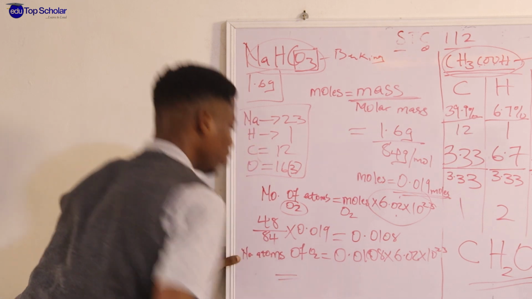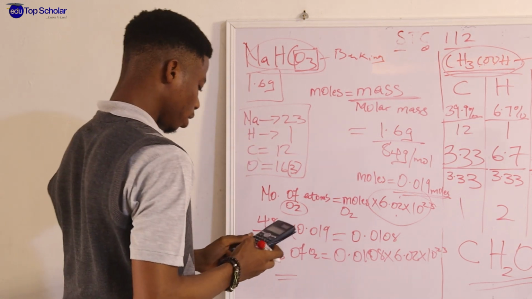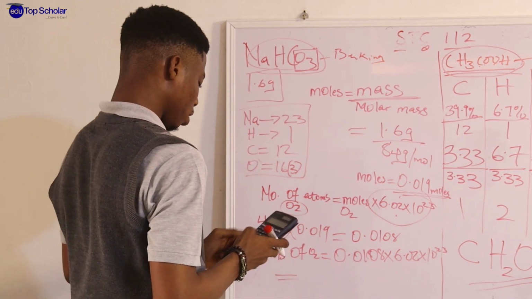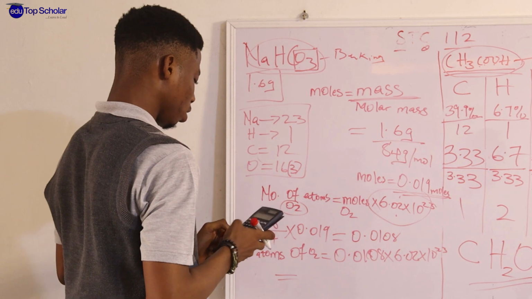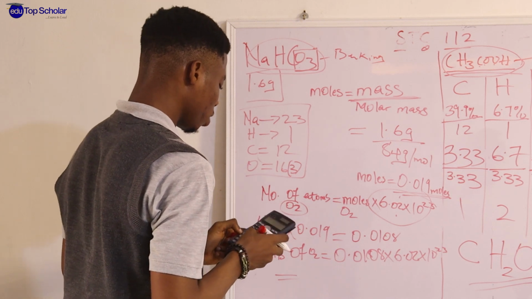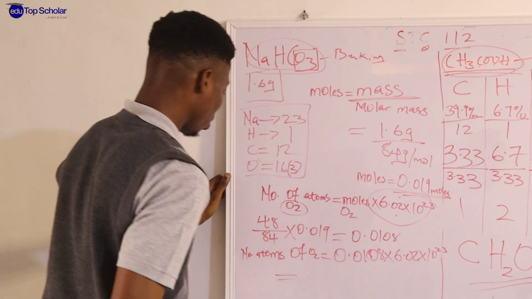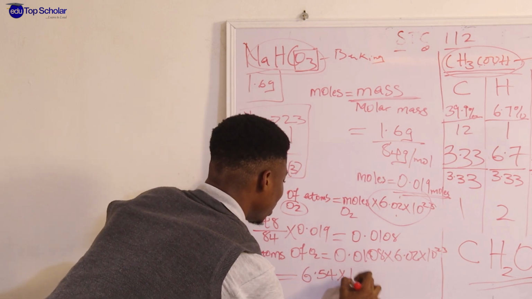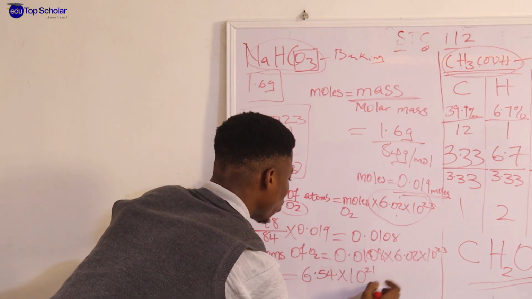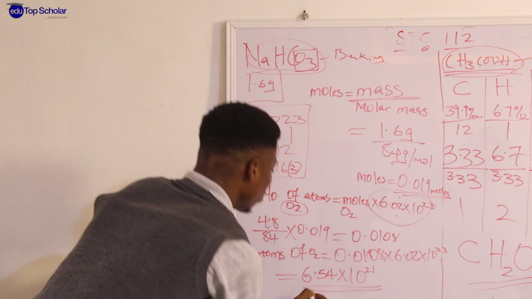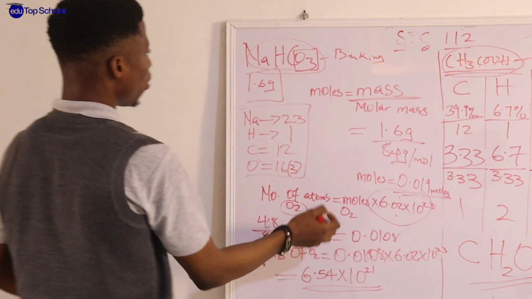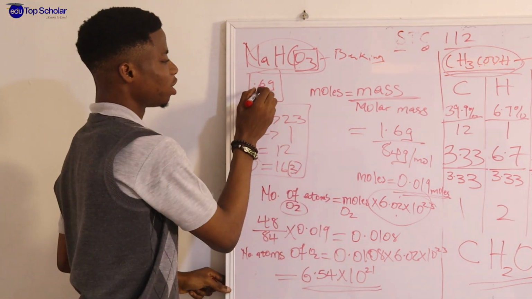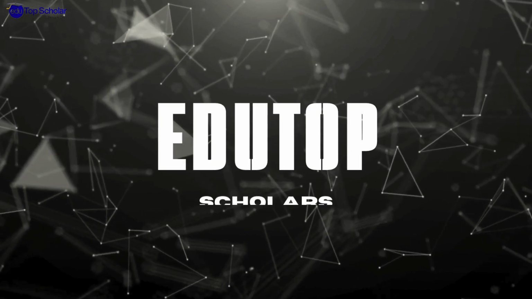So we have 0.0108 times 6.02 times 10 raised to the power 23. So that will give us 6.54 times 10 raised to the power 21. 6.54 times 10 raised to the power 21 is the what? The number of atoms of oxygen in 1.6 gram of baking soda.